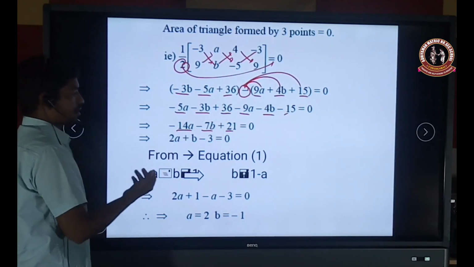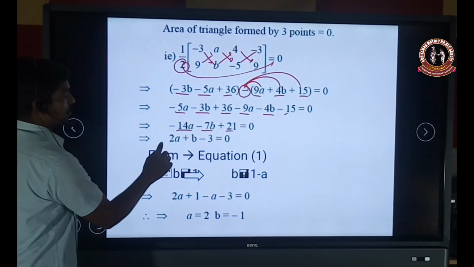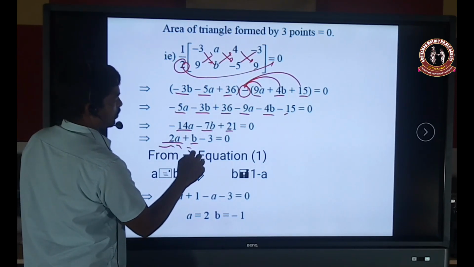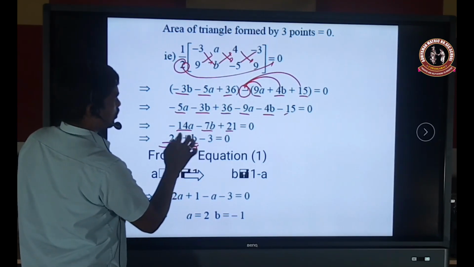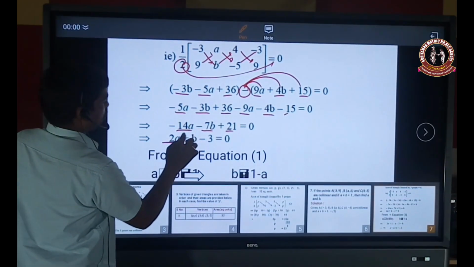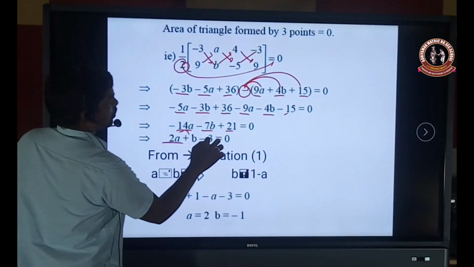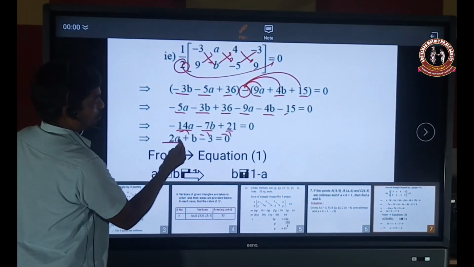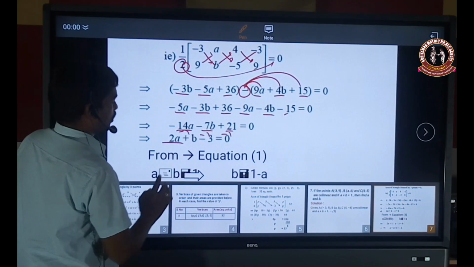So now this equation is divided by minus 7. After dividing by minus 7, we get 2a plus b minus 3 equal to 0.